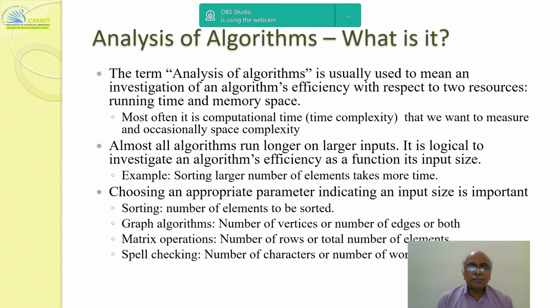The algorithms that operate on matrices might use the number of rows, number of columns, or number of elements as its input size, right? So the complexity analysis will consider those numbers as the size. A spell checking algorithm may take the number of characters or number of words as its input size.